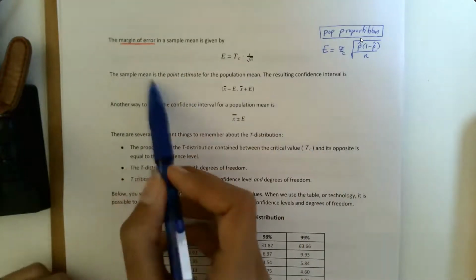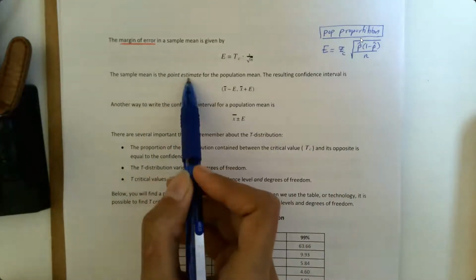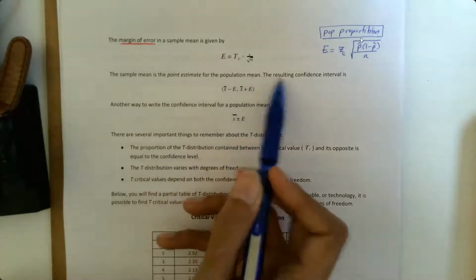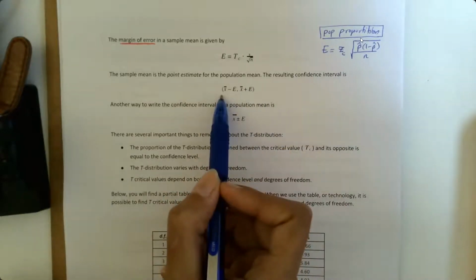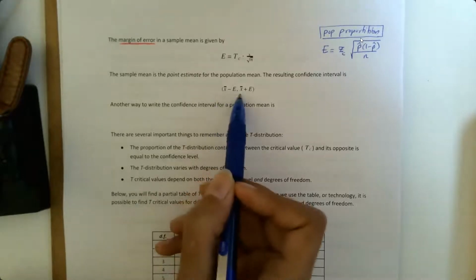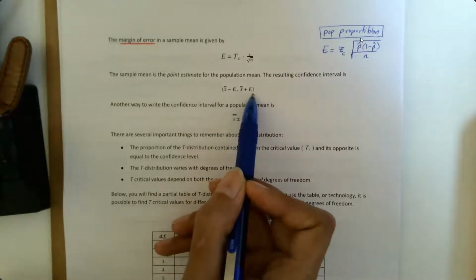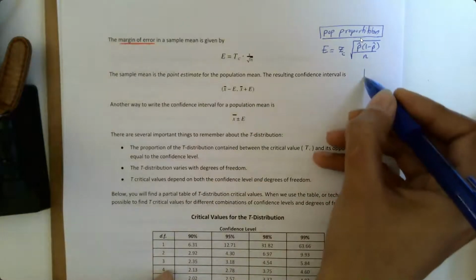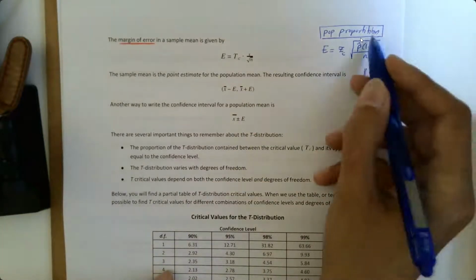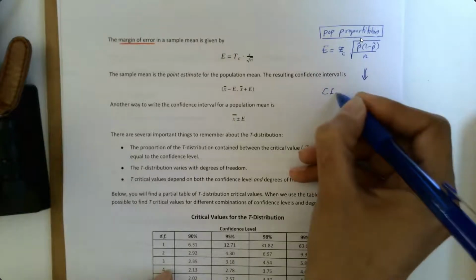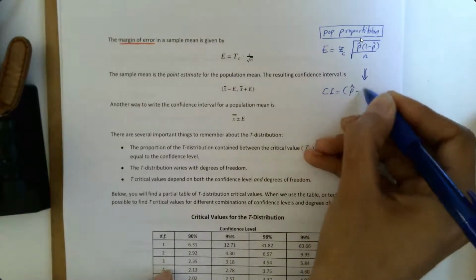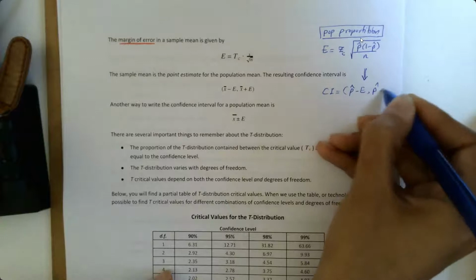So the sample mean is the point estimate for the population mean. The resulting confidence interval for the population mean is x bar minus e, comma, x bar plus e. Again, remember that for a population proportion, the confidence interval is p hat minus e, p hat plus e.